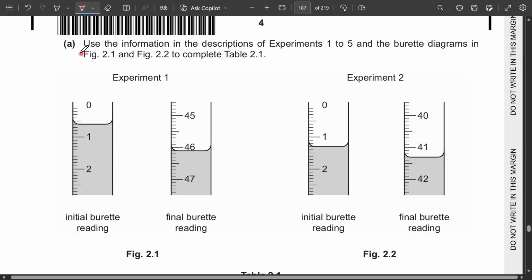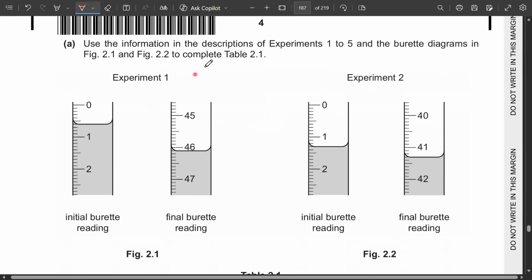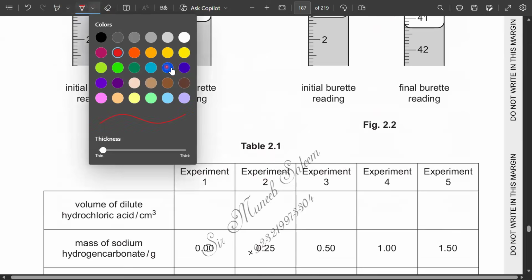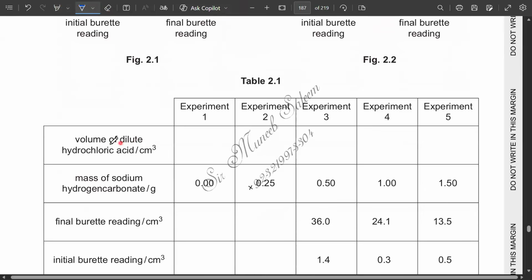Now, part A says, use the information in the description of experiments 1 to 5 and the burette diagrams to complete table 2.1. This is table 2.1. So we are supposed to fill the table with the relevant information. First of all, it says the volume of the dilute hydrochloric acid that will be used in all these 5 experiments.